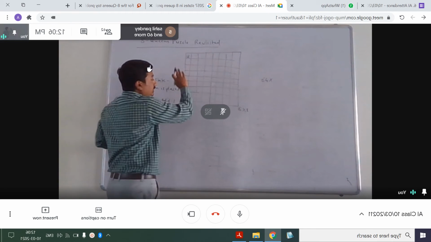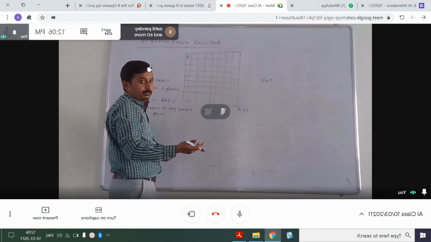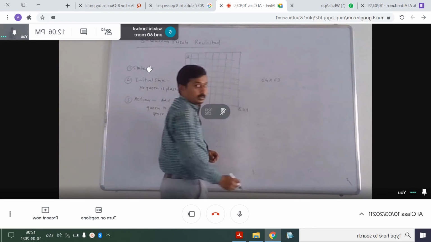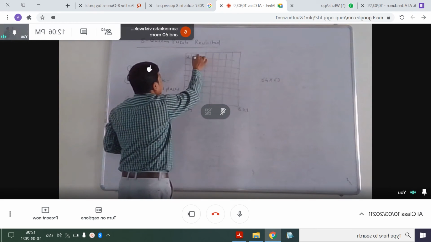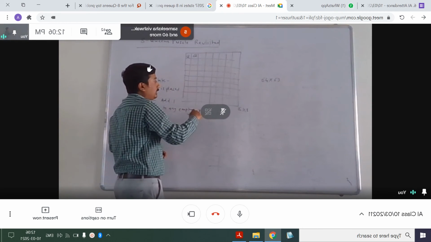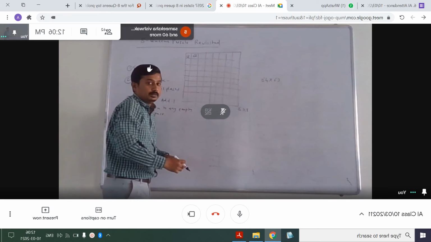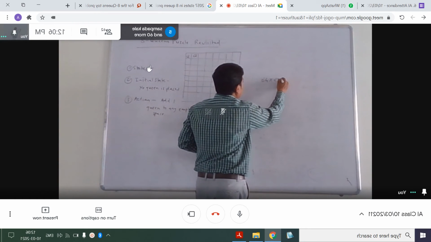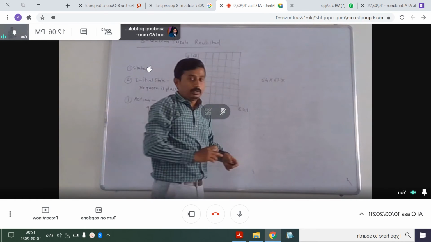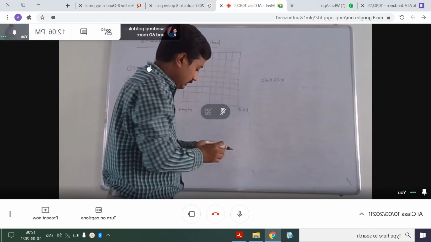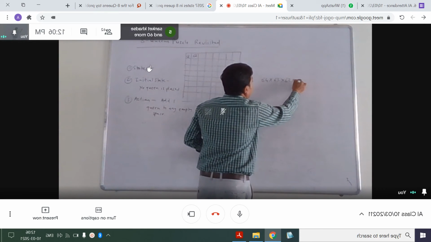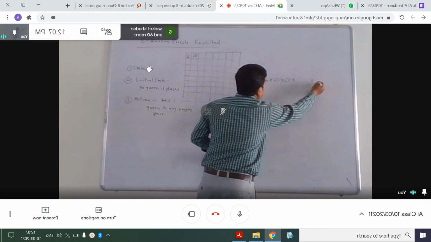Now after placing this queen, for the second queen, I have 63 places possible, right? Now for the third queen, how many places are possible? 62.